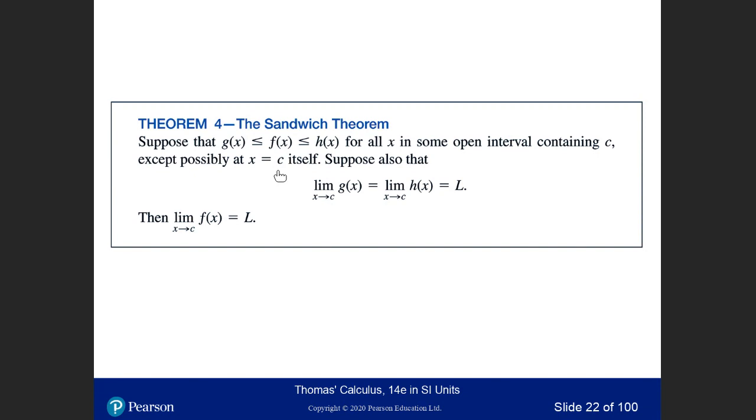But for all other x, this inequality must be satisfied. And if the limit of g of x as x goes to c is equal to the limit of h of x as x goes to c, which is equal to L, then the limit of f of x is equal to L. That's how the sandwich theorem is stated. As I said, we are going to use this theorem later on.